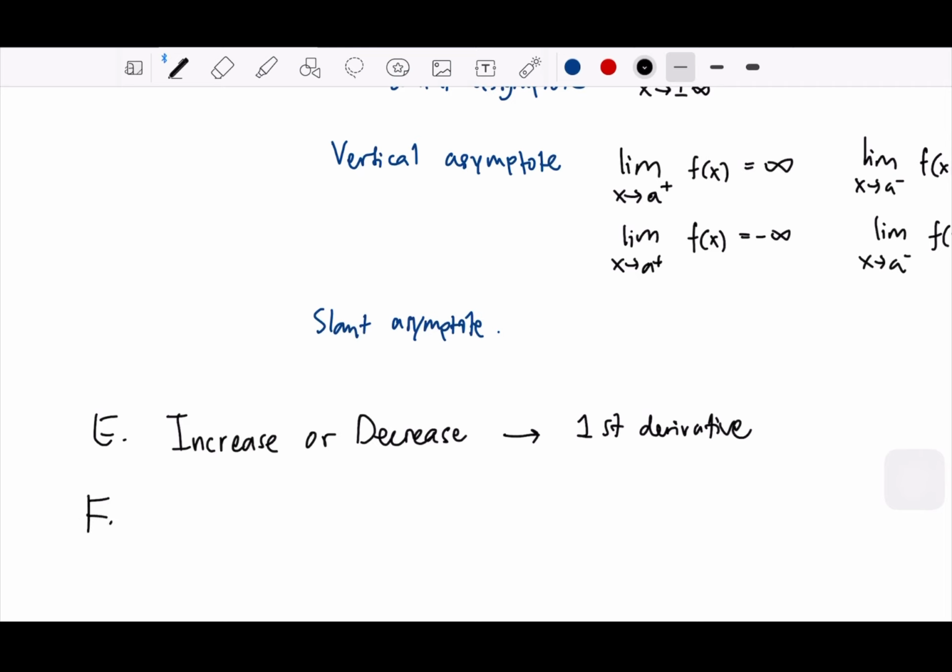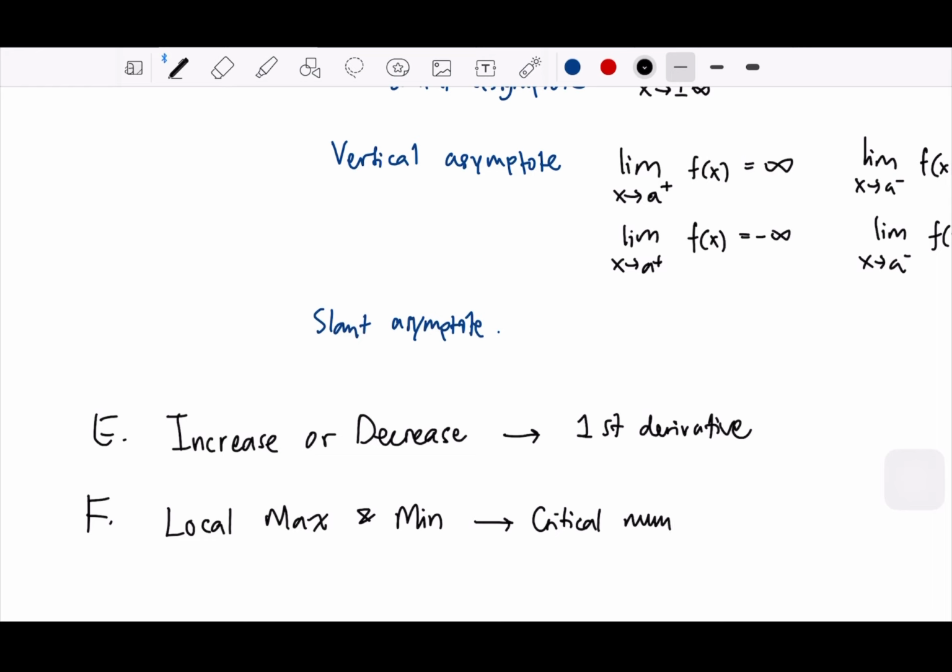And then check the maximum and minimum values, or let me just write local max and min, meaning we need to find the critical numbers.